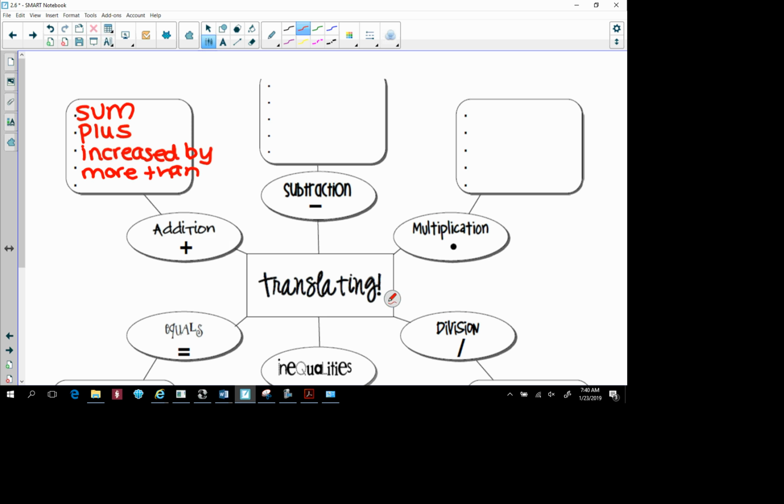So all those mean I'm adding. So sum, plus, increase by, more than, they all mean adding. The next one, we're going to do a subtraction.